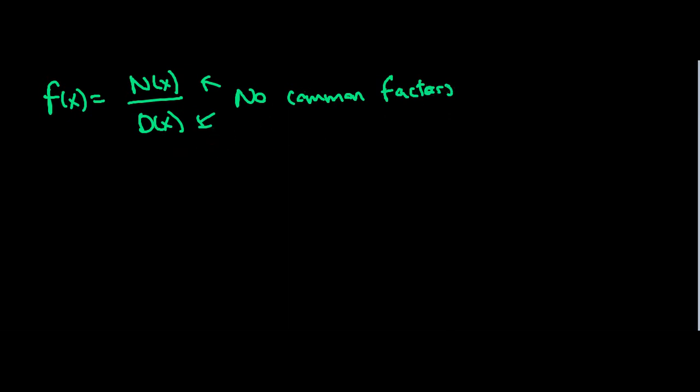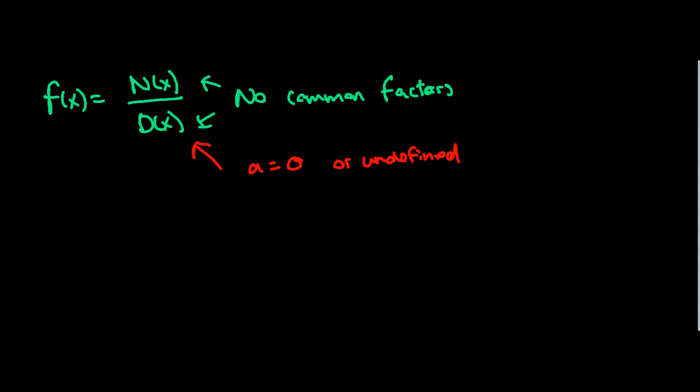Then we look into our denominator for values of a that give 0 or an undefined answer. And those are going to be our vertical asymptotes.